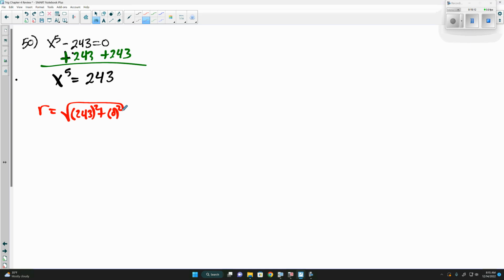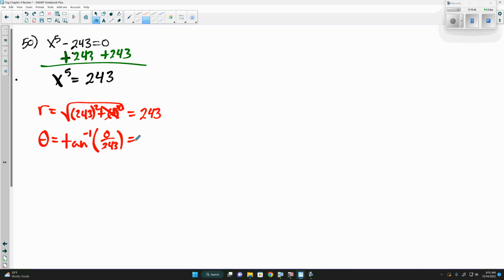Well, 0 squared is still 0, so we're really looking at the square root of 243 squared, which is just 243. Theta is going to be tangent inverse of 0 over 243. Now we can type this into the calculator, and it's going to tell us that it's 0 degrees.